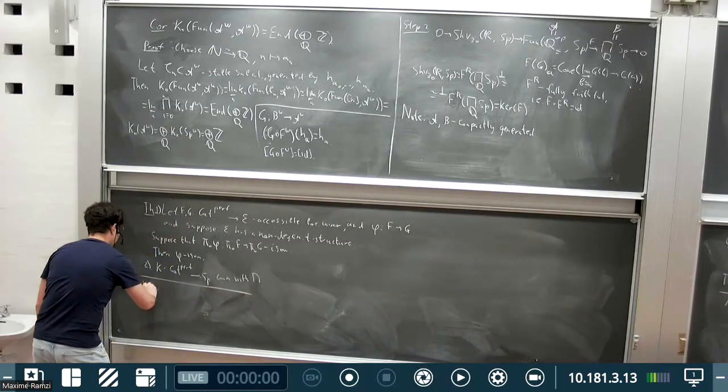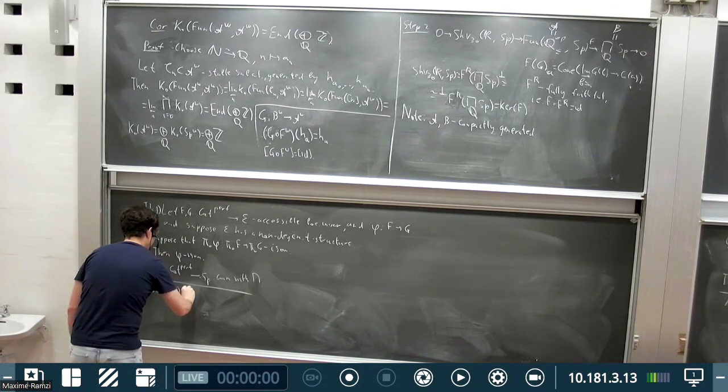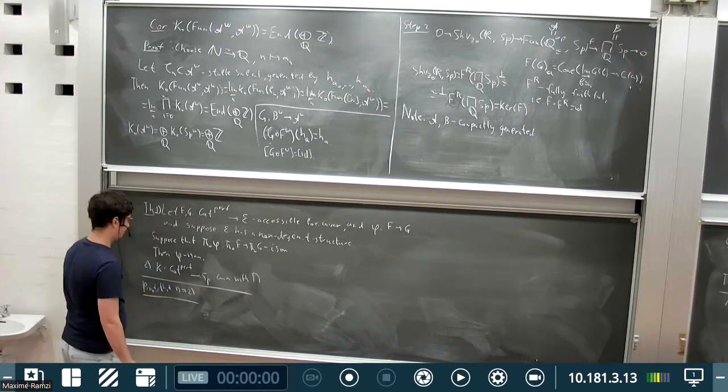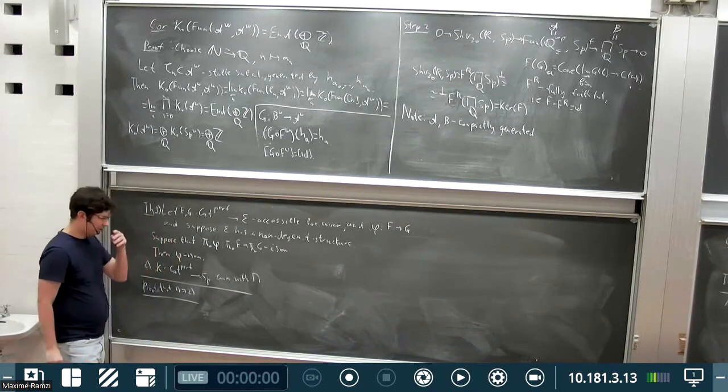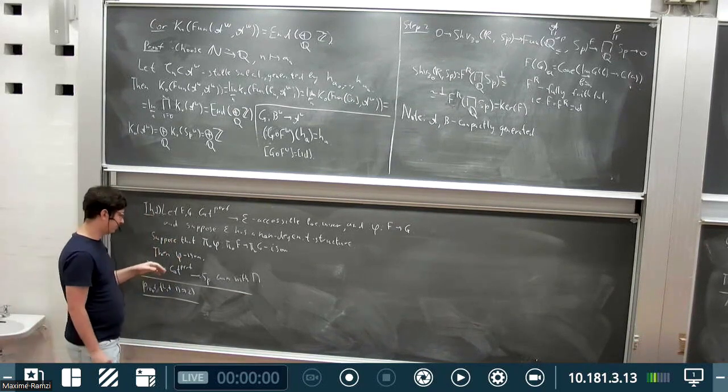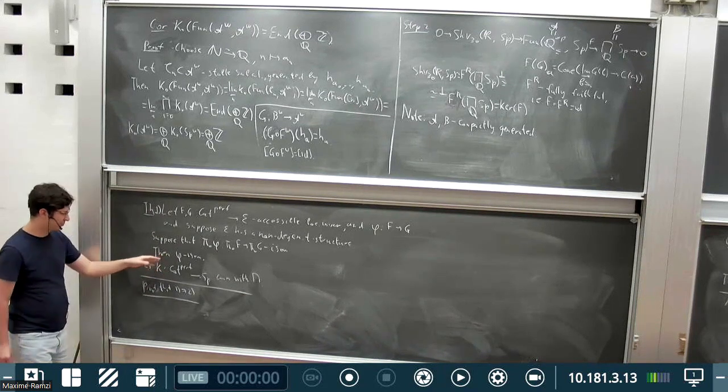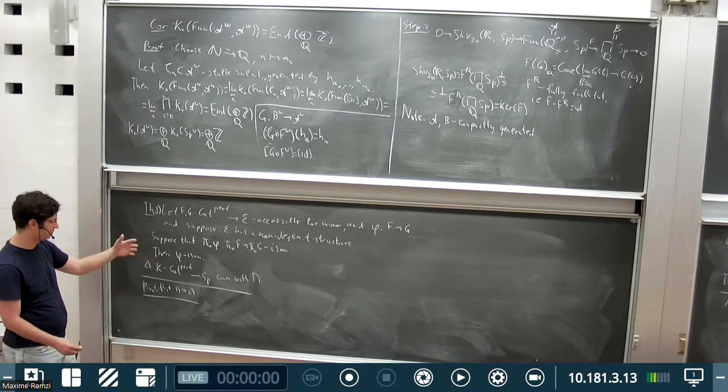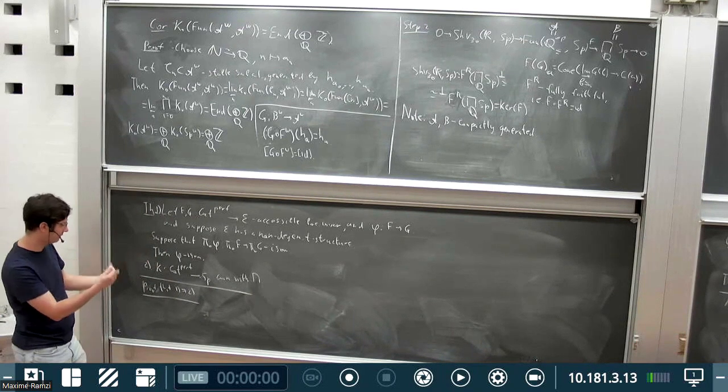Prove that one implies two. As Thomas already mentioned today, if you want to prove something for families of objects, you can just assume that the objects are just the same.